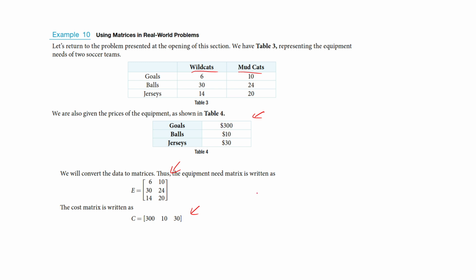By making this a 1 by 3 matrix for the cost, we could then multiply it by the 3 by 2 matrix, and we have that matching inner connection here. The columns and rows match up, so we could go ahead and multiply. This will work, and when we do this, we'll be extending that cost to both of the teams.